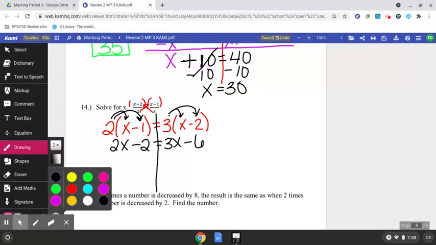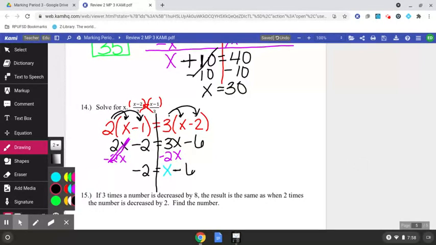Now again, I'm a creature of habit, so I'm going to take that smaller x value, the 2, because 2 is smaller than 3, and I'm going to subtract it from both sides. So they will cancel here. I'm left with negative 2 is equal to, well, 3 minus 2 is just x, minus 6.